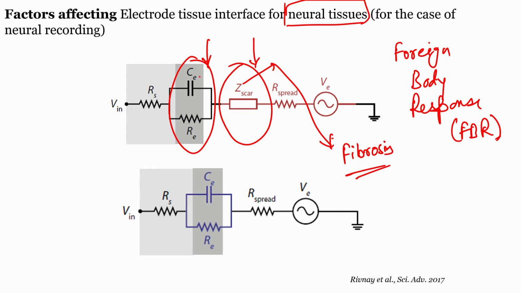There will be some double layer capacitance and some leakage resistance associated with that, but this Z scar is something that can be totally avoided. One way to avoid that Z scar is to use electrodes which have very high surface area.